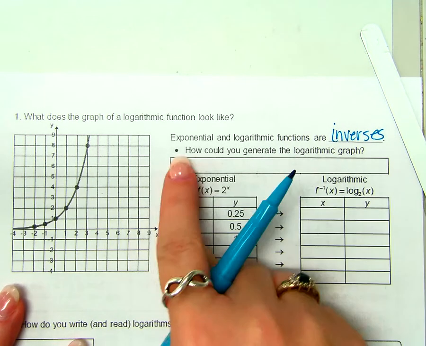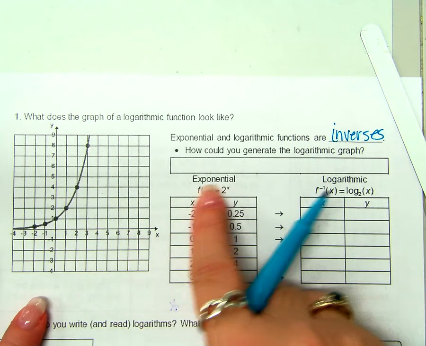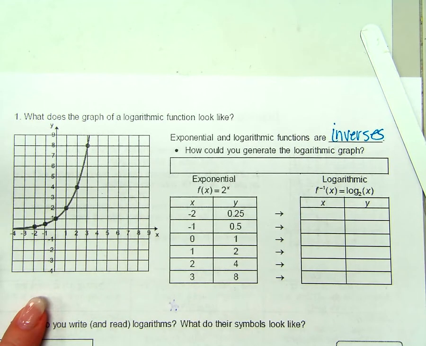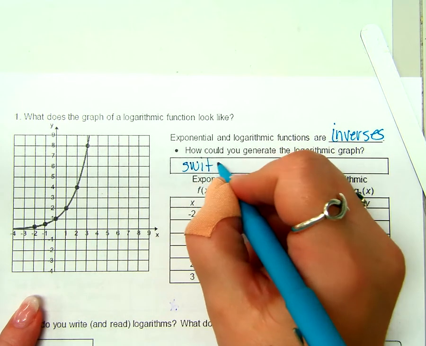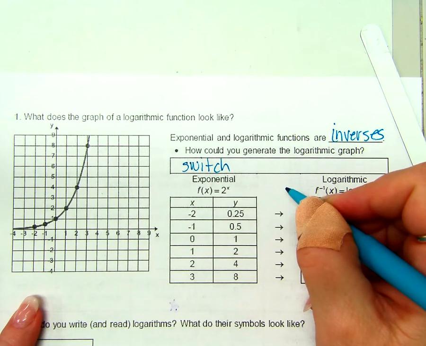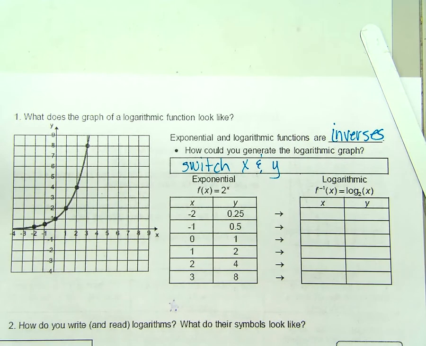If we know that they're inverses, how can we generate the logarithmic graph if we have the exponential graph and table? How do we find inverses? Very good. Switch X and Y.